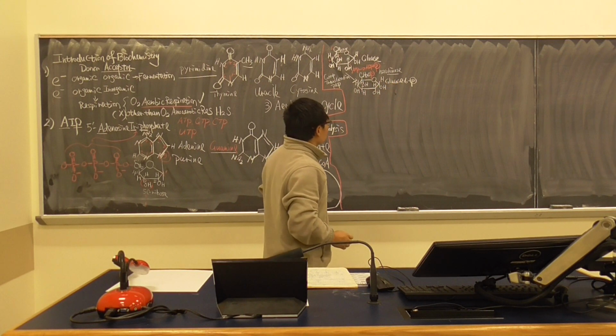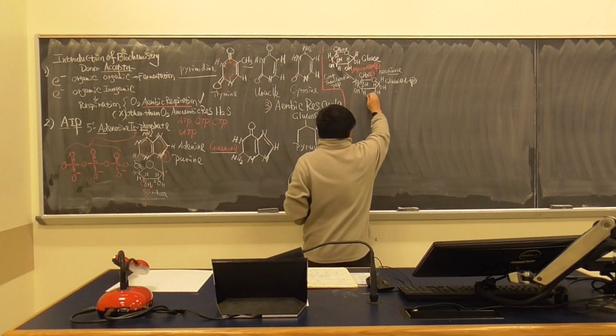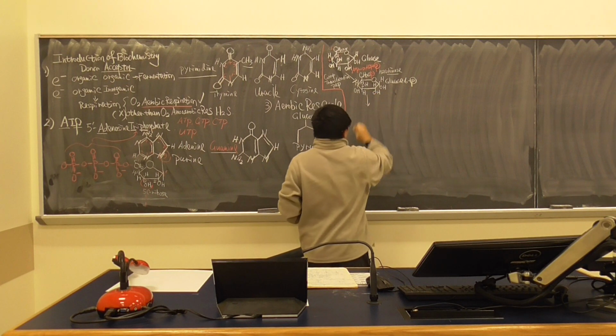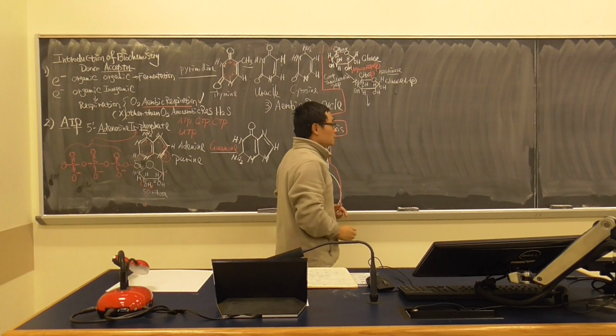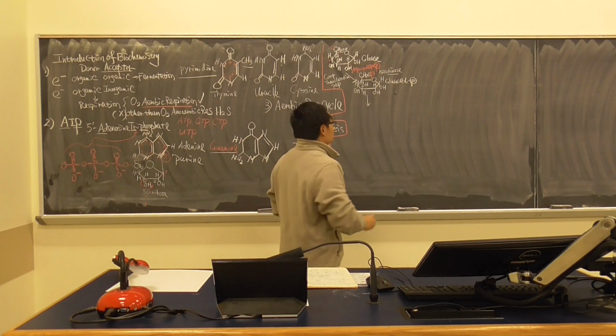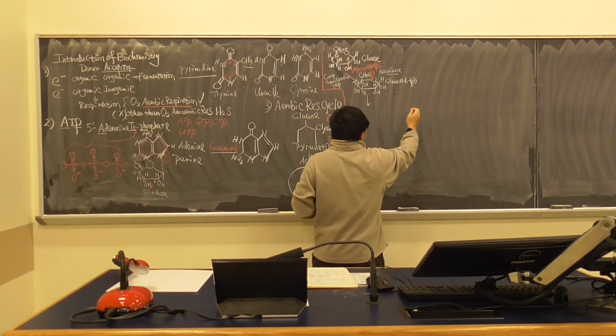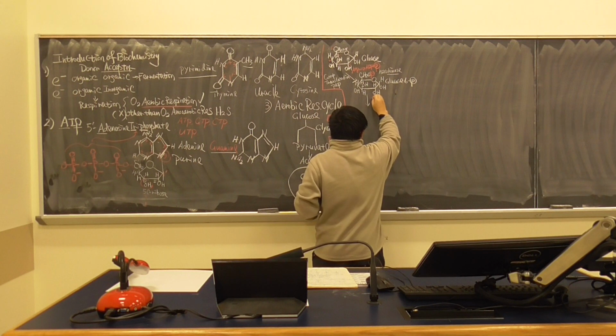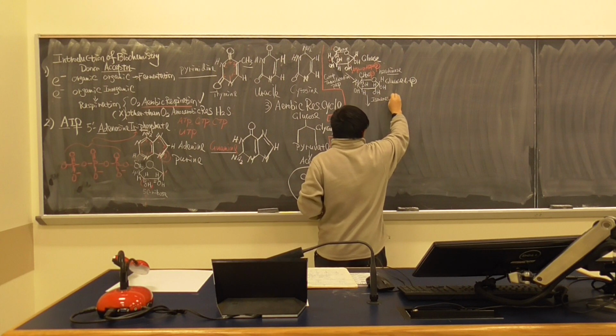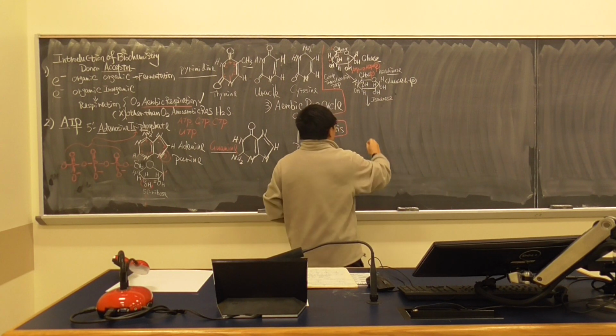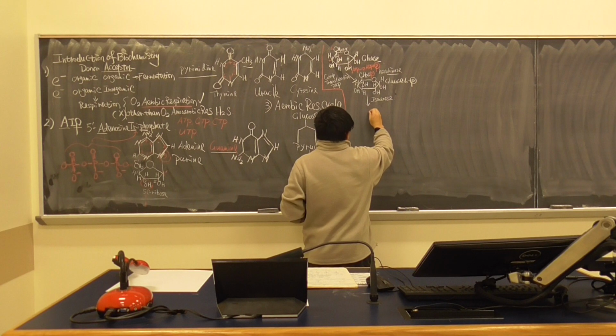Okay, then we have glucose 6-phosphate. Then what do we do? The next step is an isomerization process, because the enzyme is called glucose phosphoisomerase. Isomerization becomes fructose 6-phosphate. Now what does it look like?